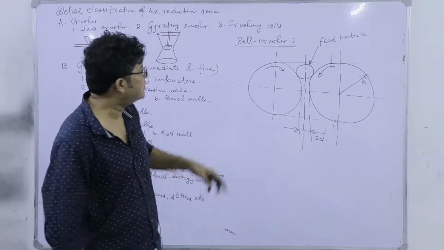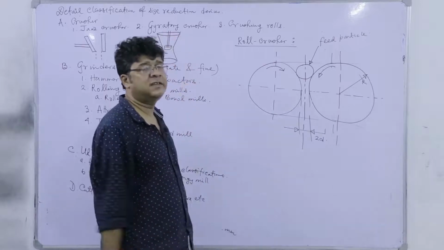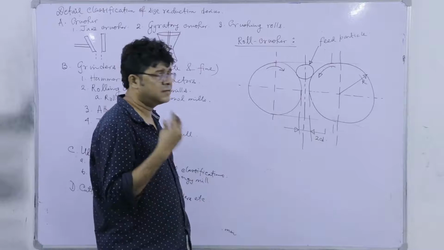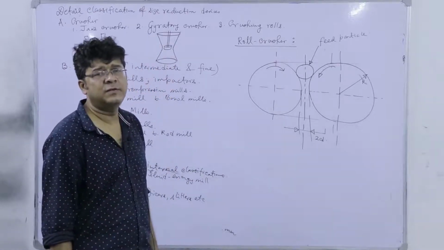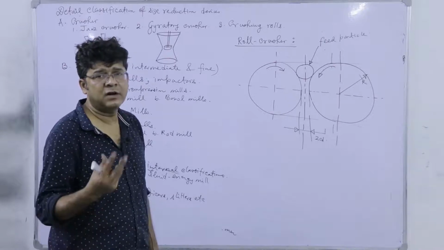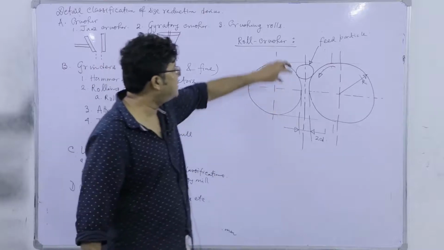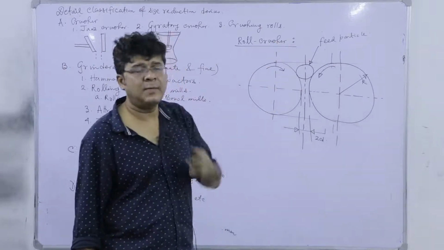Now, with roll crushers, sometimes, why I was saying that this is a smooth roll crusher, there are teeth on the surface. So, this is called the spiked roll crusher, and it is mostly used for soft feed like charcoal, bone, wood, etc. But for hard feeds you should not use these teeth because they will be damaged.